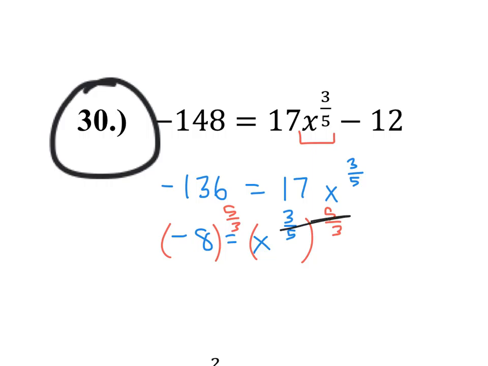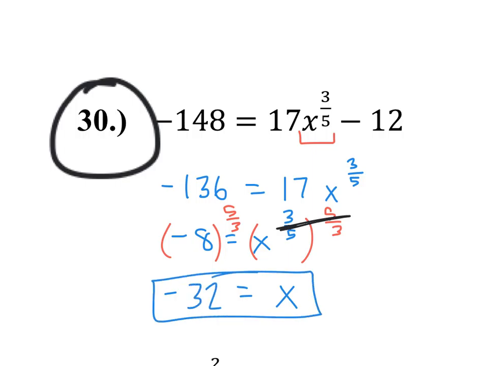Once we do that, 3/5 and 5/3 cancel out, leaves us with just x on the right, and negative 8 to the 5/3 power is negative 32. And that's our final answer.